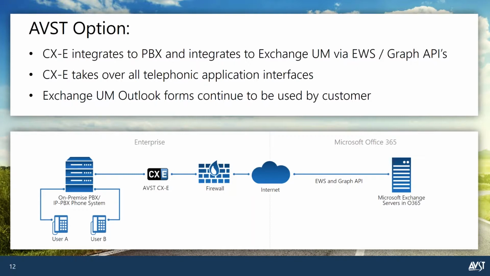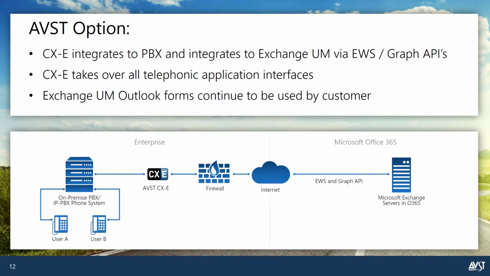So if you look at the architecture that they talk about and the architecture that we're going to use, now the phones ring on-premise. They forward, as do automated attendant calls, to the CXE system. The system answers. It literally runs the entire application right there locally within the enterprise. If that call results in a message, that message is recorded on the CXE server, and then the message only, not the phone call, but just the message, is moved up to the user's mailbox in Exchange Online.